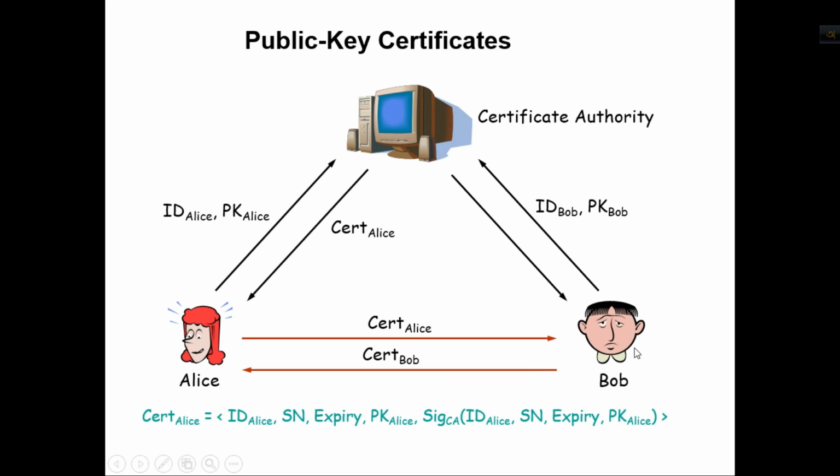On the other hand, Bob's ID and Bob's public key will go to the certificate authority, then the certificate authority will return the certificate of Bob. Then the certificate of Alice goes to Bob, and the certificate of Bob goes to Alice. This is the whole process of the public key certificate.